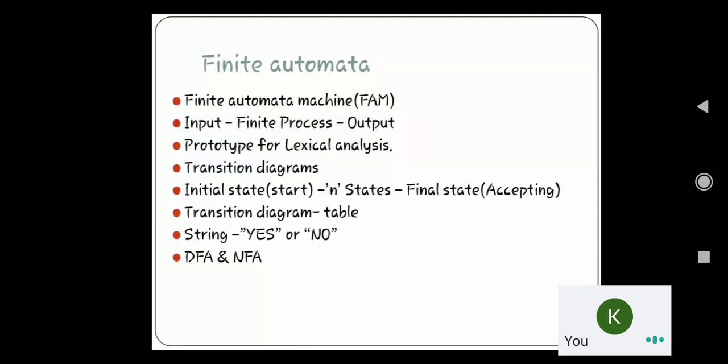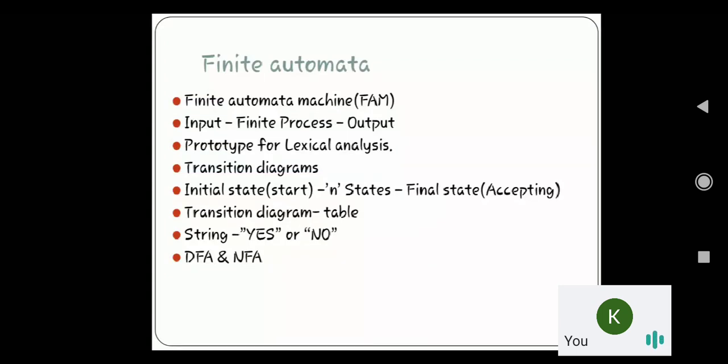Then we have transition diagrams. The graphs that we draw, we call transition graphs. You will have states, and within those states you will have movements with labels.